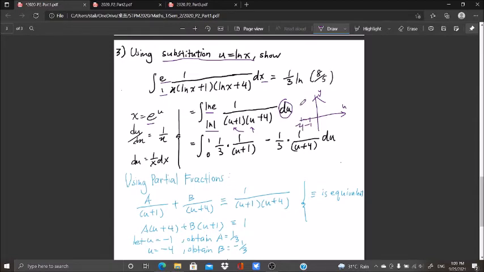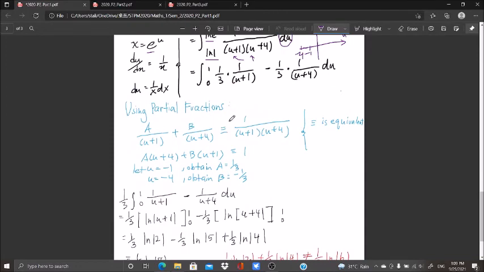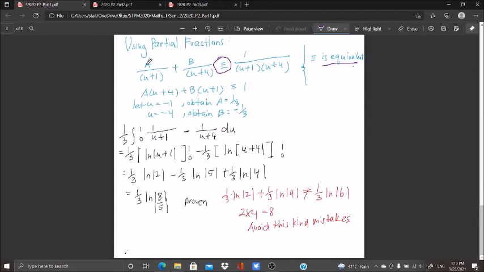It means we need to split it and use the addition rules of integration to solve it. So we use partial fractions to split this term. Remember this symbol means equivalent. After we obtain our constants A and B, we substitute back and we will obtain this.